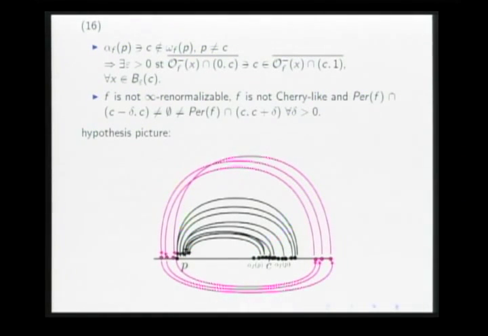So with this in mind, we can analyze the remaining case. And if we have a point like this here, P, this is the picture of the hypothesis. If you have a point P such that C belongs to the alpha set of P, okay? For example, it can be a periodic point.